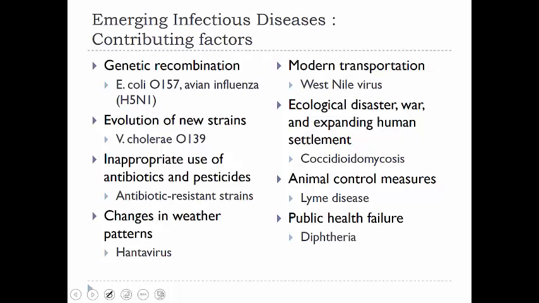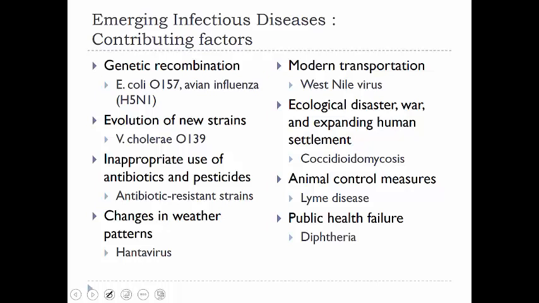That's where an organism or a virus actually gets genetic information from some other source and updates itself. We see that with avian influenza and E. coli O157. We also have the evolution of new strains that we haven't seen before, that have themselves changed. Of course, antibiotic resistant strains.